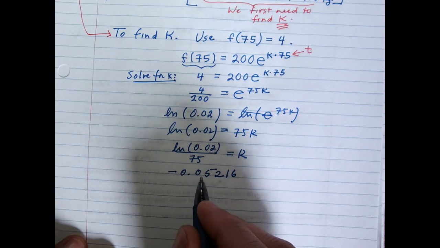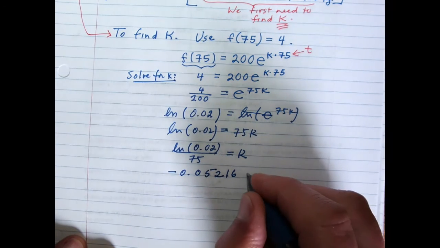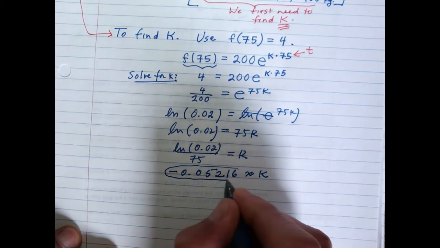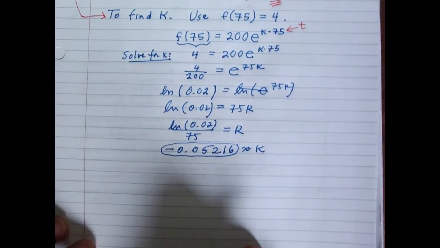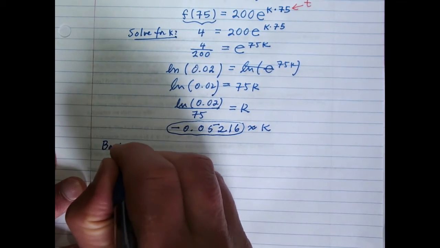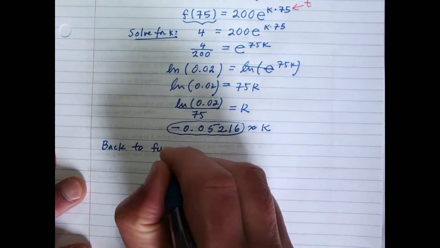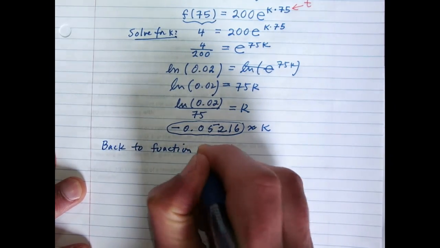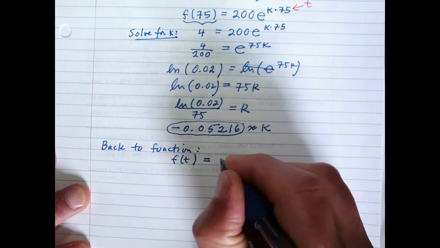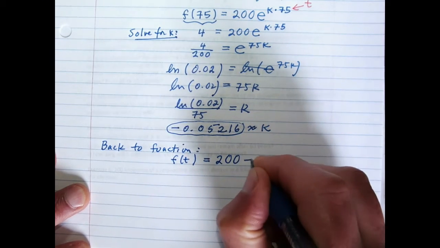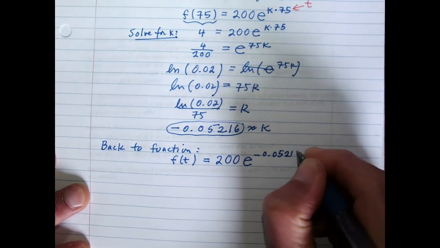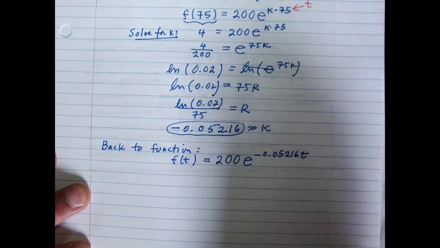So 0.05216 is approximately my k value. And so now we're going to go back to the function and put it together, right? f of t equals 200 e to the negative 0.05216 t.